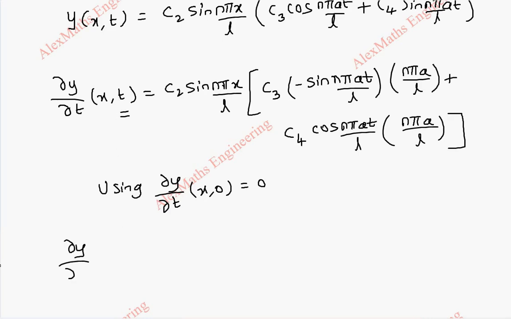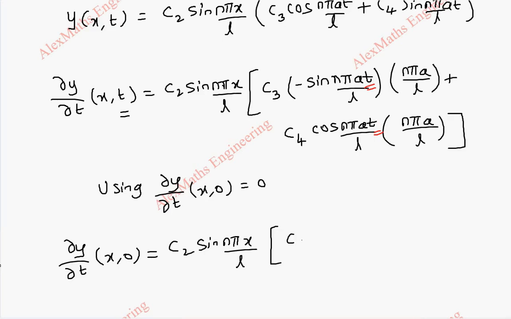So dou y by dou t of x comma 0 will be C2 sine n pi x by L. Then here, when t is 0, the entire term is 0. When t is 0, cos 0 is 1.